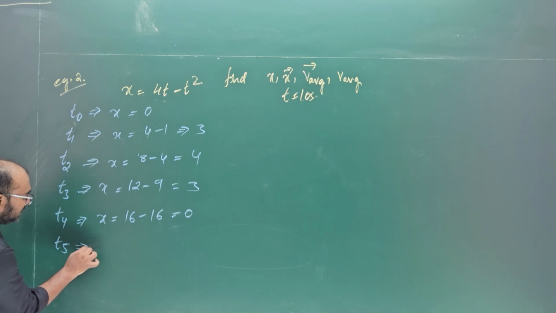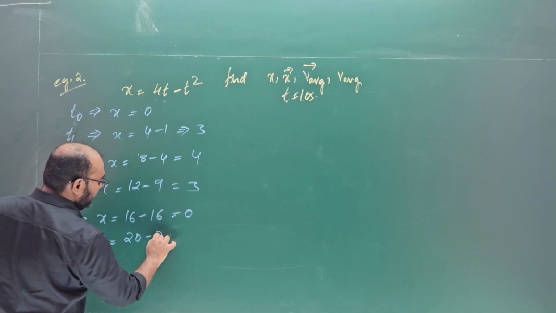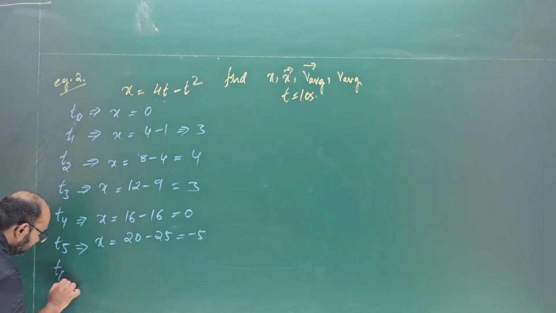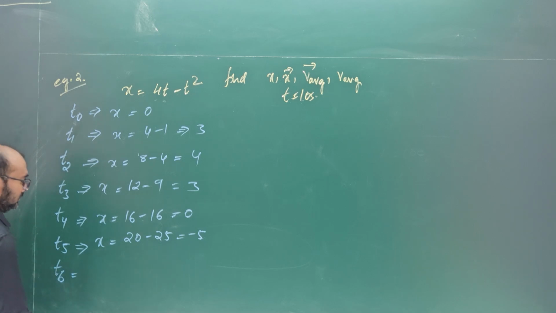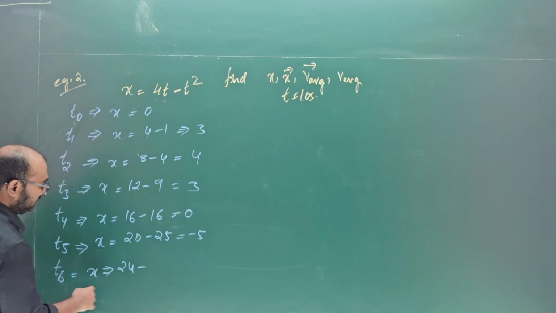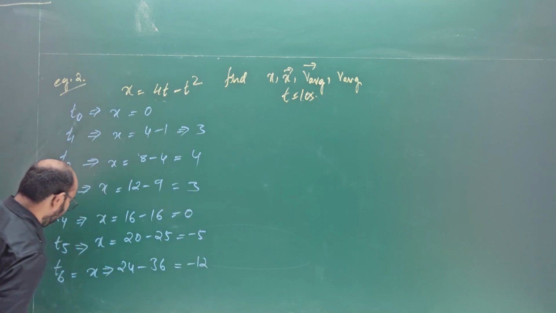At 5 seconds, x is 20 minus 25, that is minus 5. At t is equals to 6, x will be 6 fours are 24 minus 6 square 36, that is minus 12.